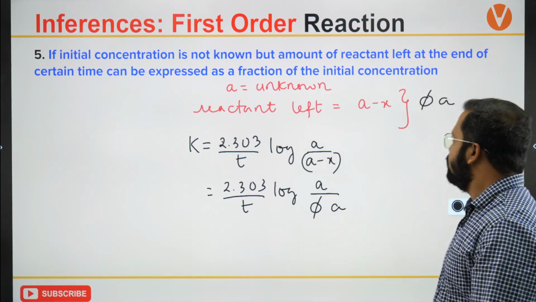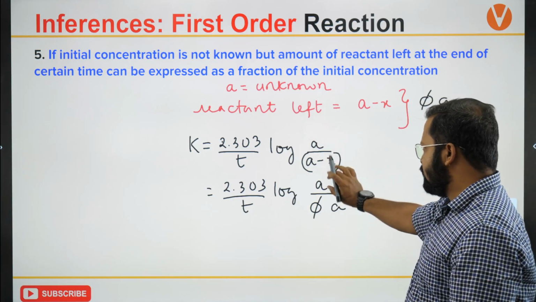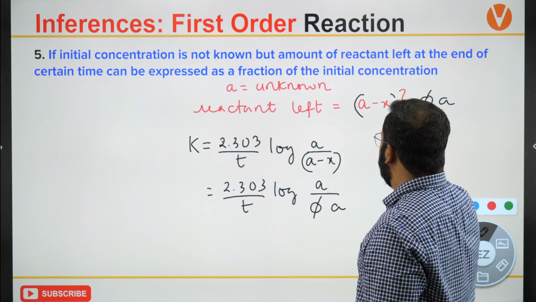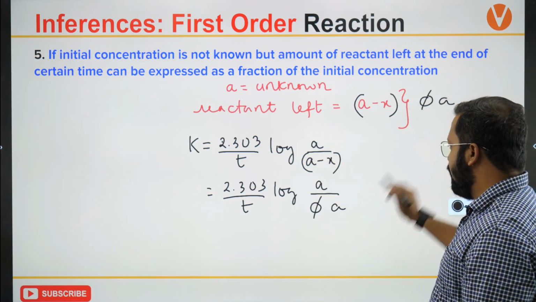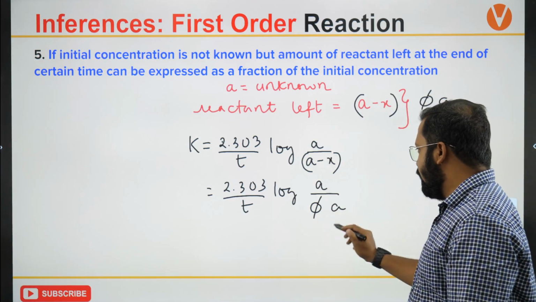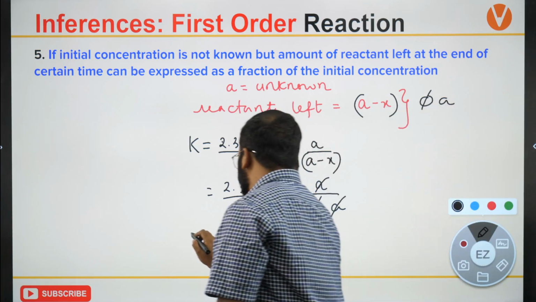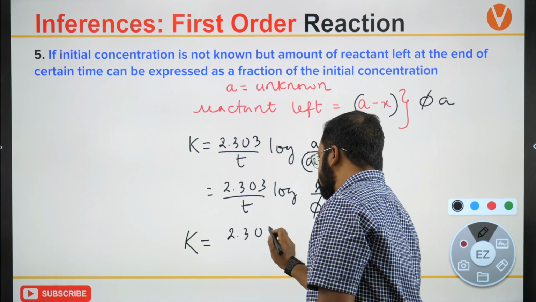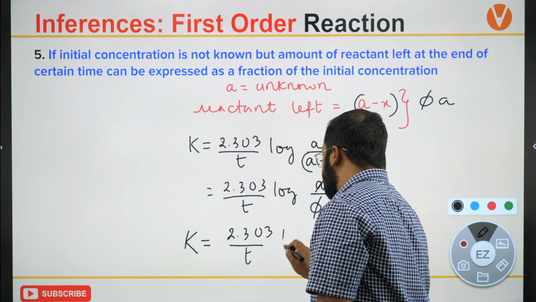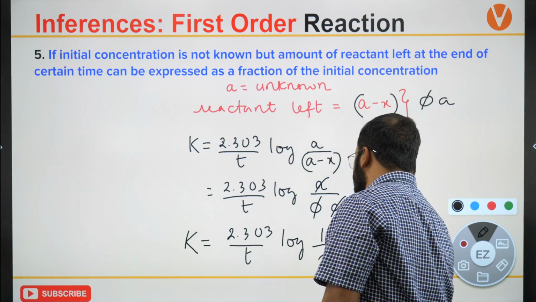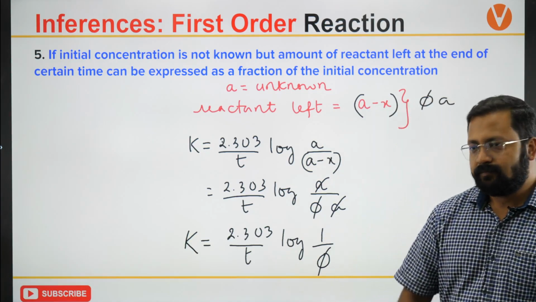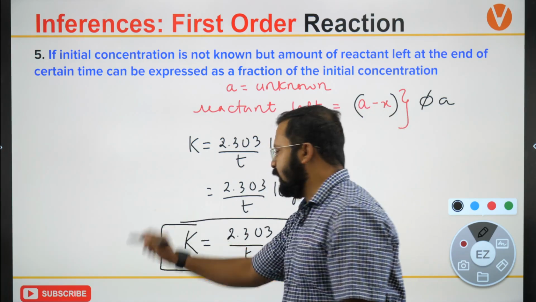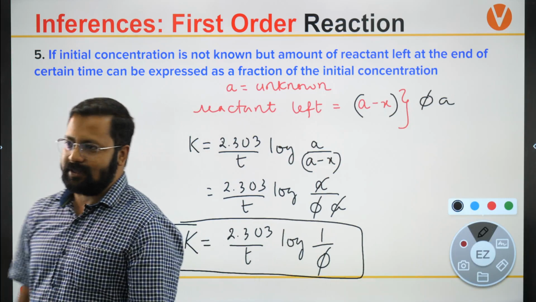A is unknown, so I just write A here. And the amount of reactant left, that is A minus X, is phi A. So A and phi A get cancelled. Our expression becomes K is equal to 2.303 upon T log of 1 by phi. This is the new expression that you would get if this information is given.